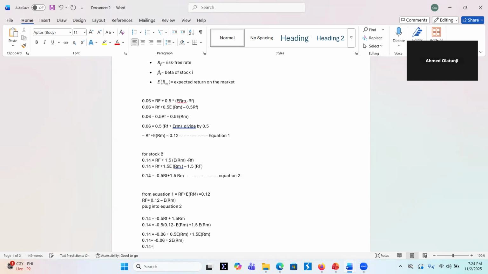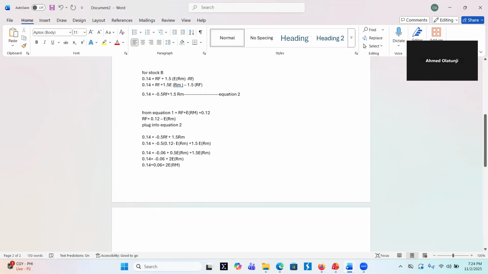Then we move 0.14 plus 0.06, that's just collection of like terms. Then you have your 2 ERM. So 0.20, that's addition, equal to 2 ERM.